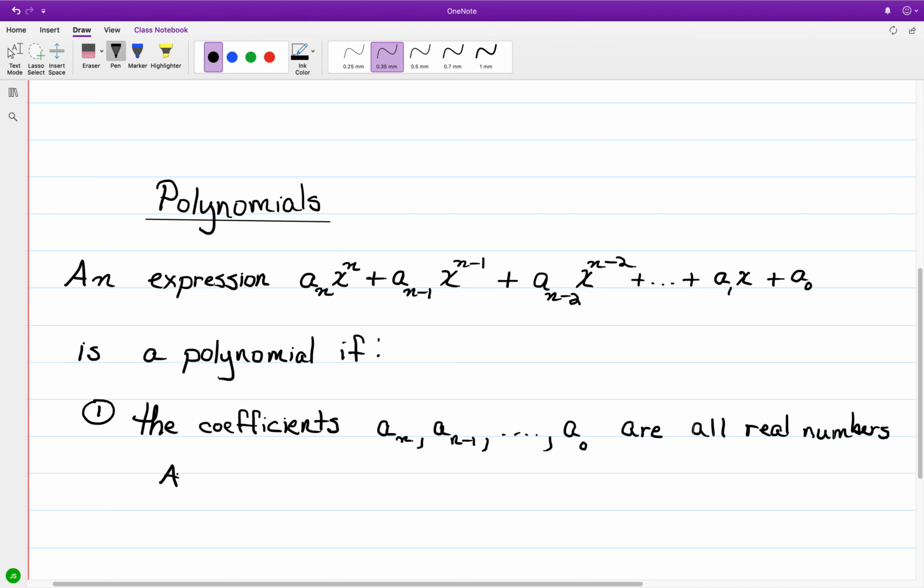And second, for the exponents, in other words, the powers of x, we have to the n minus 1, n minus 2, and so on, are all whole numbers.